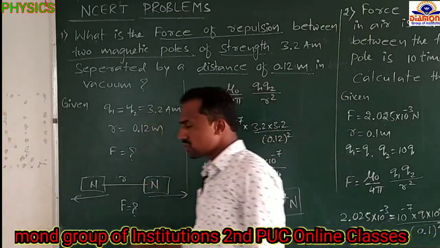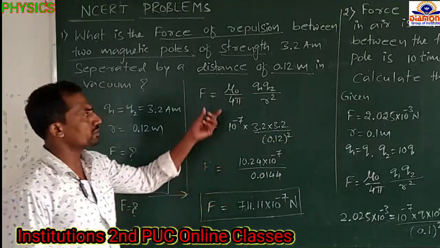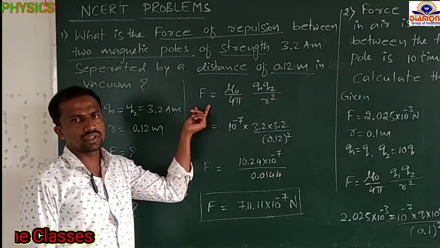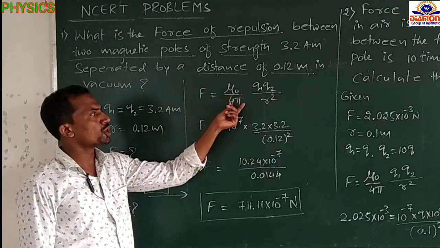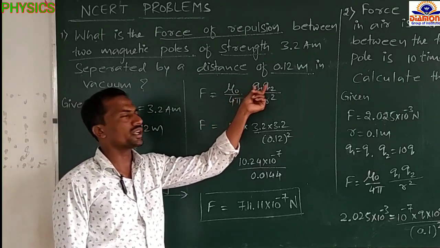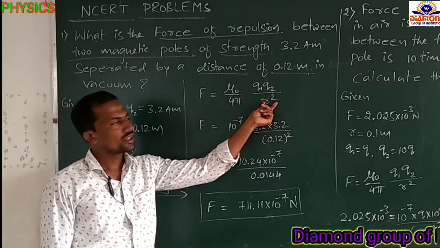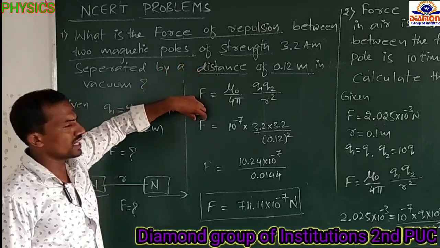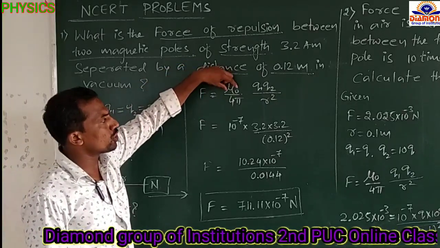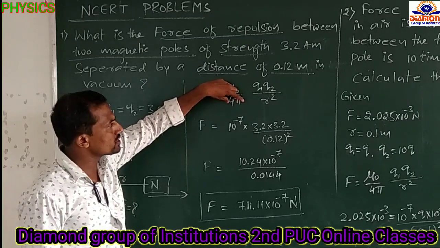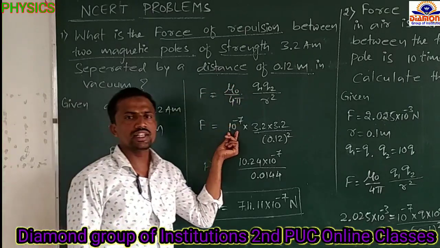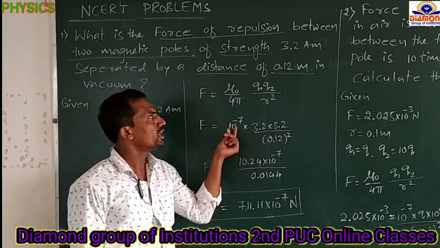Then substitute these values in the formula. What is the formula to calculate the force of repulsion? F equals mu naught by 4 pi Q1 Q2 by r square. F is as it is. Mu naught by 4 pi is the constant of proportionality. What is its value? 10 to the power of minus 7.